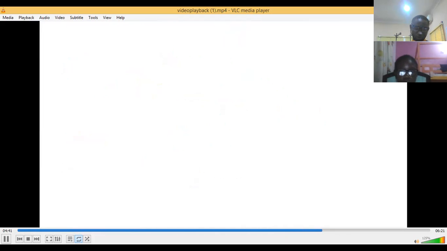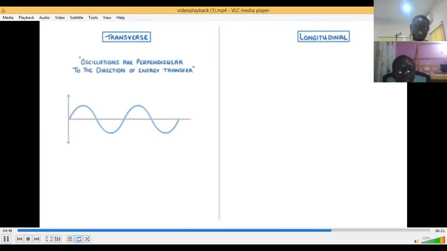The last thing we need to look at are the differences between transverse and longitudinal waves. In transverse waves, the oscillations are perpendicular to the direction of energy transfer, or the direction in which the wave is moving.